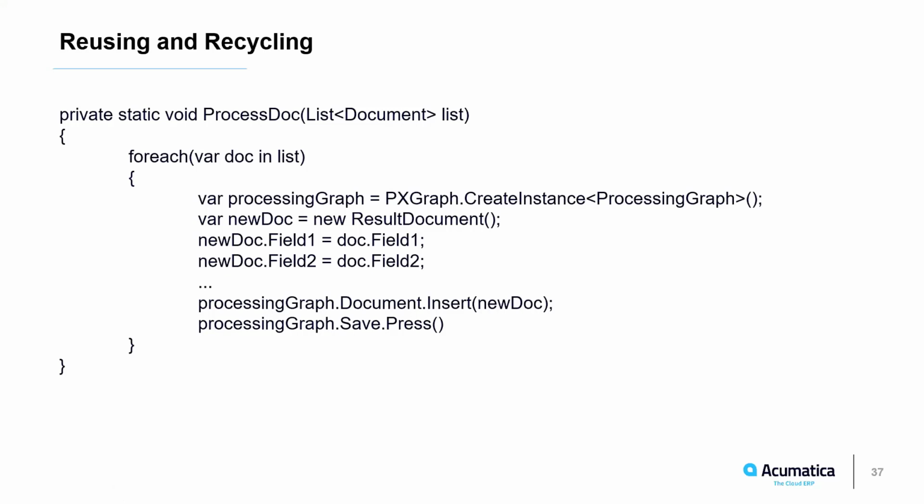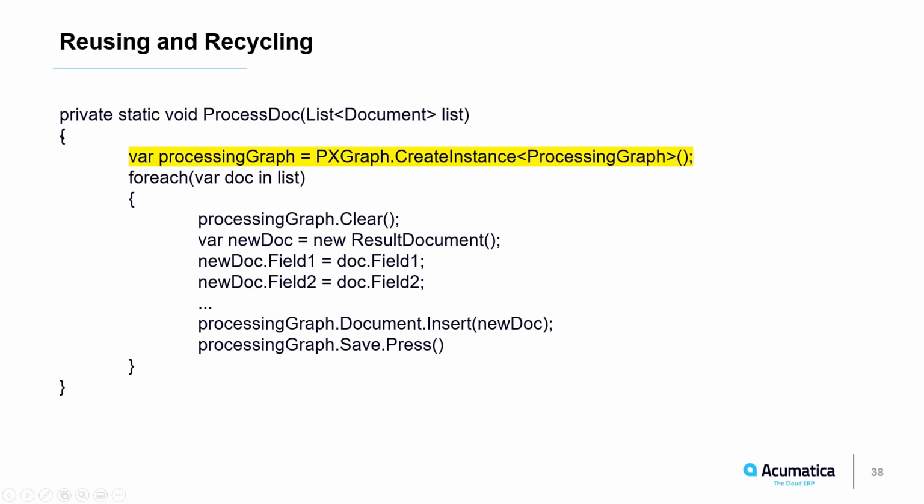Now, how to fight that? Well, the simple way to improve that code is to just put that outside of the loop. Now, we do not want our documents to have some effect on each other. We want to keep them separate.